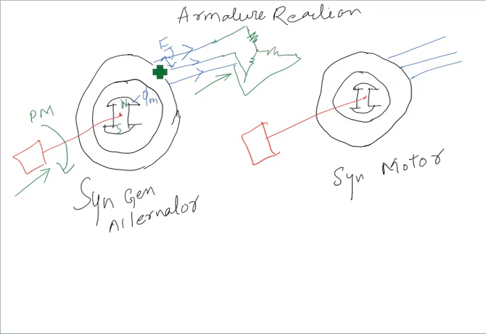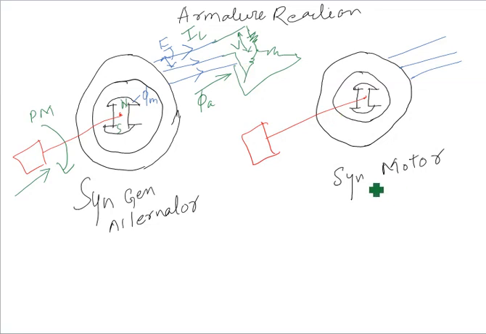This voltage is E, and the voltage across your terminal is V. So when you rotate the rotor, the flux develops, and this flux induces EMF, and that results in the current. This current is IL, and that IL makes your armature flux, that is phi A.